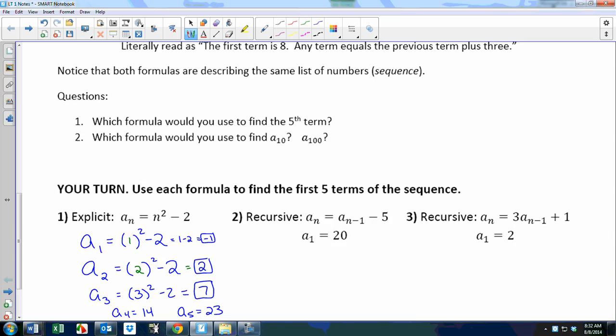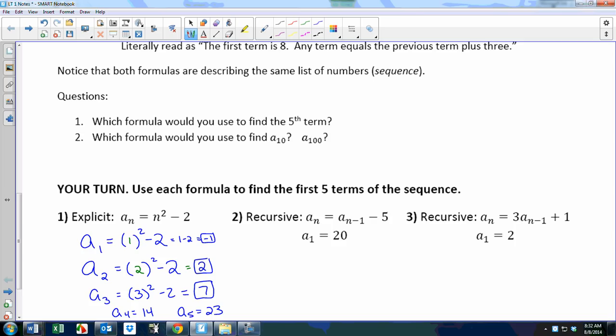All right. No big deal, right? Using them. All right, recursive. Remember the whole theme of recursive. It's a recurring pattern. They got to tell you what the first one is, and then tell you what to do to it to get the next one. So the first term, it's given, it's 20. First term, and I don't know that I put those on your sheet when I copied them. So that may have thrown you a little bit. I got that when I was doing the lesson the other day.